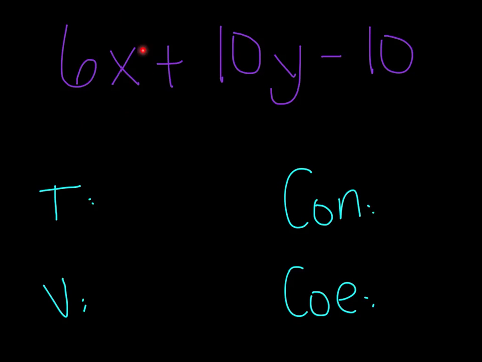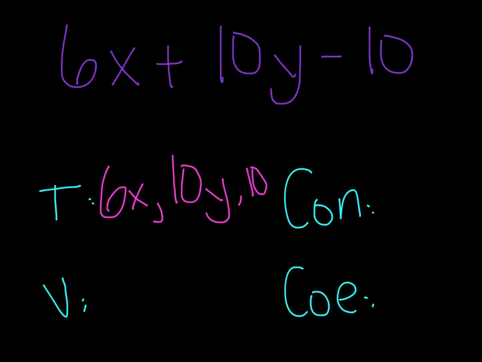I have 6x separated by 10y, and it's also separated from 10. These two things are doing the separating, the addition sign and the subtraction sign. So my terms then are going to be 6x is a term, 10y is a term, and 10 is a term.